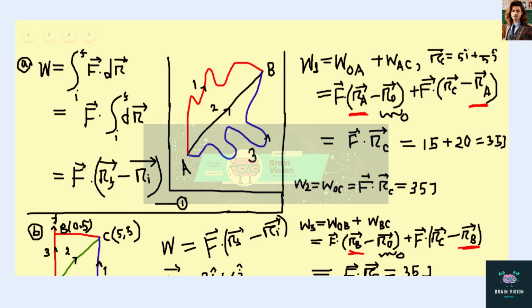It doesn't matter whether it follows a curved line or a straight line; only the difference of the two positions matters.